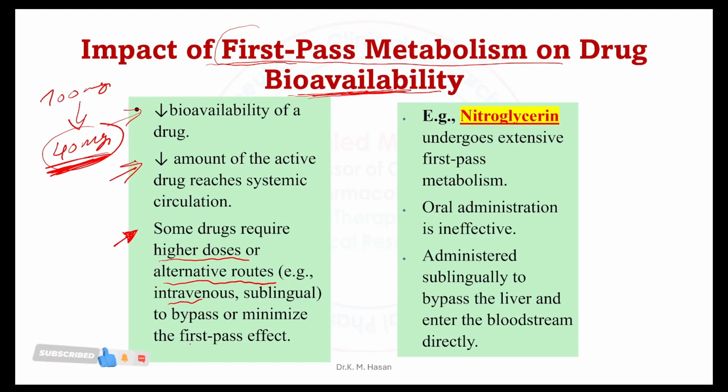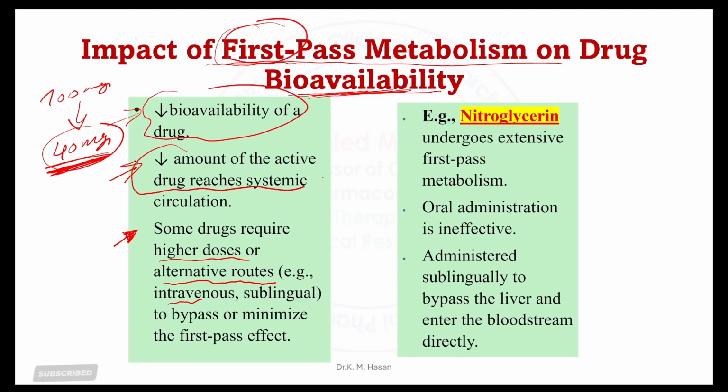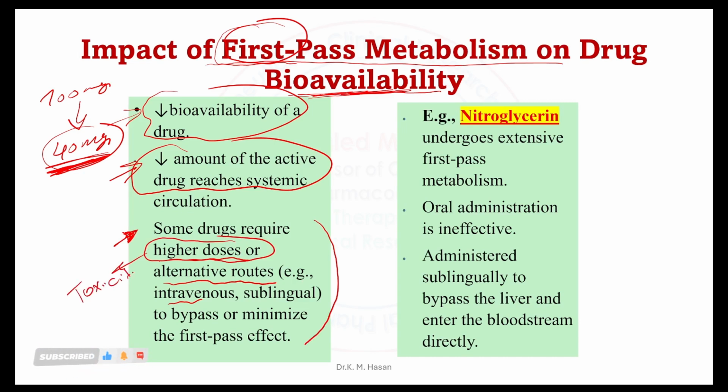So we try to overcome the effect of first pass metabolism by choosing another route of administration. So again, first pass metabolism decreases bioavailability and decreases the amount of drug that reaches the systemic circulation. In order to avoid that, we try to use an alternative route of administration or use high doses. When you use high doses, there is a risk of toxicity. Here we need to remember that.